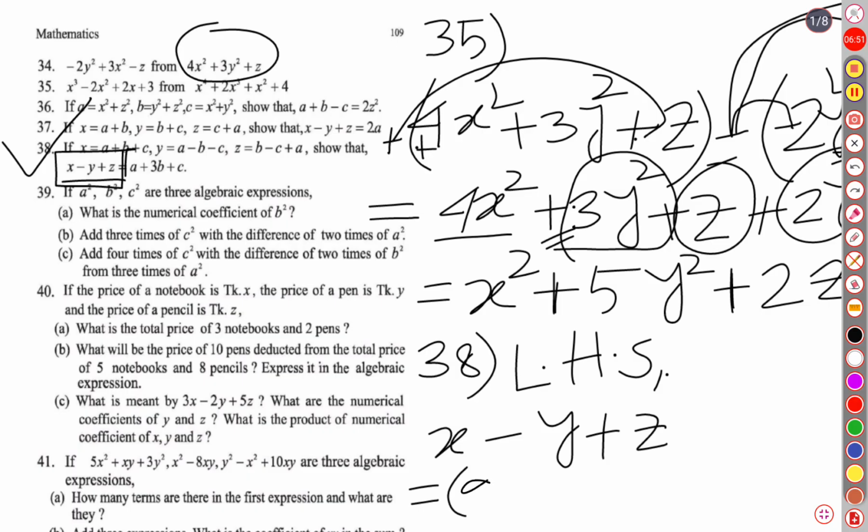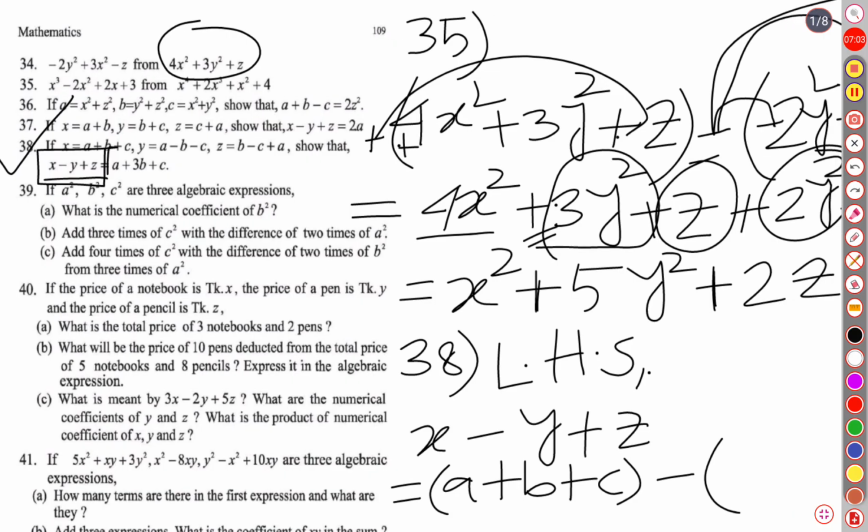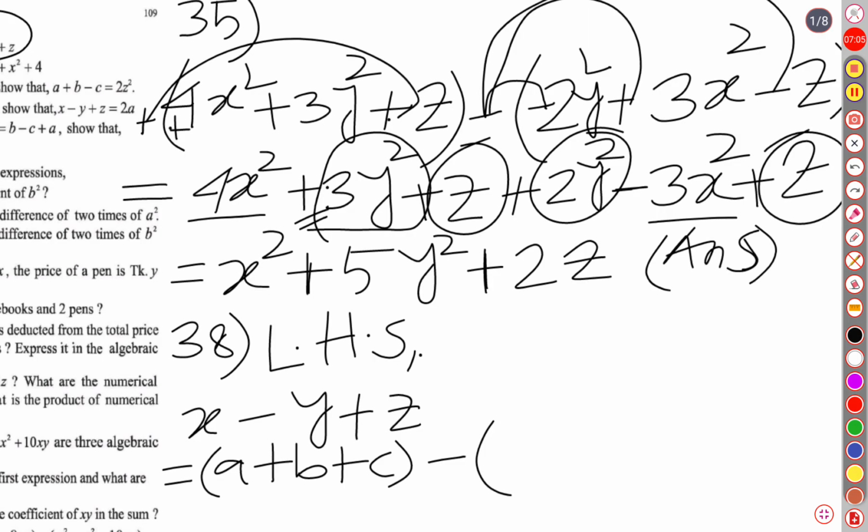Under x we are writing a plus b plus c. Then there comes negative y. So y is equal to a minus b minus c. Then there comes plus z.